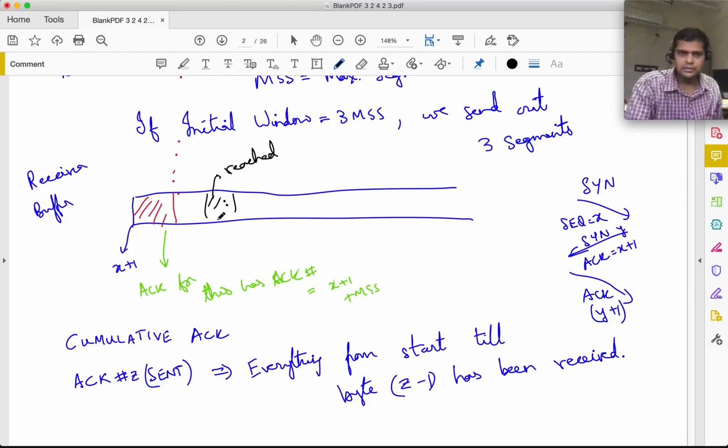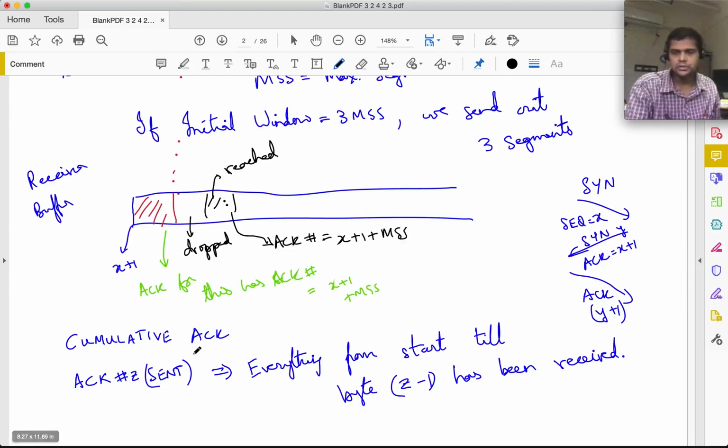So what TCP does is that even when this third packet reaches and this one is dropped, I will send back an acknowledgement, but I will put the acknowledgement number as x plus 1 plus MSS. So ACK number is still x plus 1 plus MSS because we are using this cumulative ACK rule.